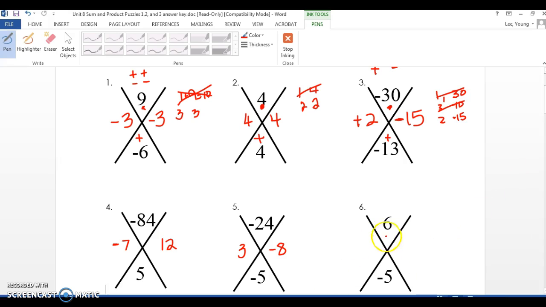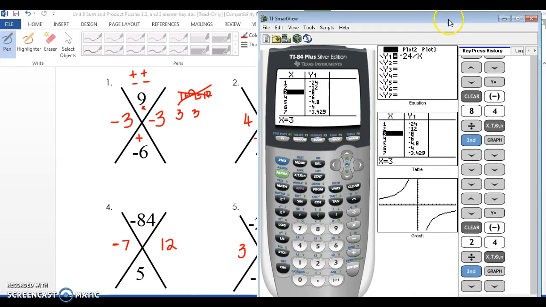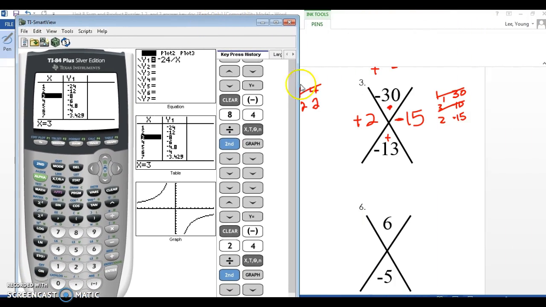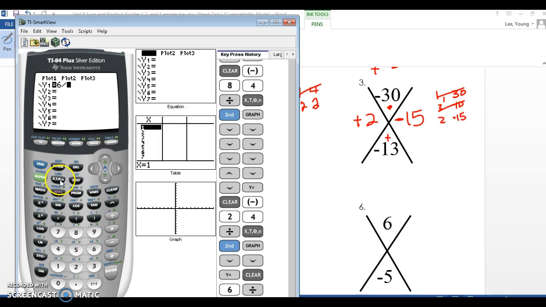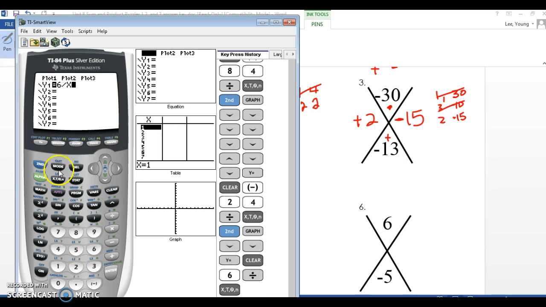Let's try 6. This is an easy number, but I'm just going to show you how to use your calculator for this. Again, we are always putting the top number into y equals. Okay? 6 divided by x. Alright? And then go to second table.